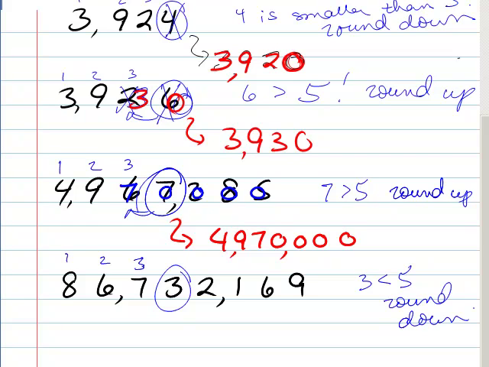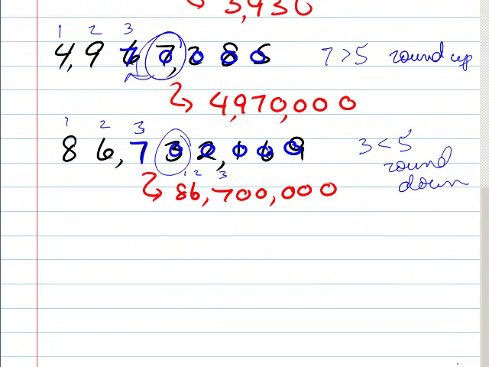And since we're rounding down, that means that the 7 stays as a 7. Really, rounding down means you're going to keep it the way it is. And then everything else becomes a 0. So our rounded off number becomes 86,700,000. It still has three significant digits, 1, 2, 3, and everything else is 0.